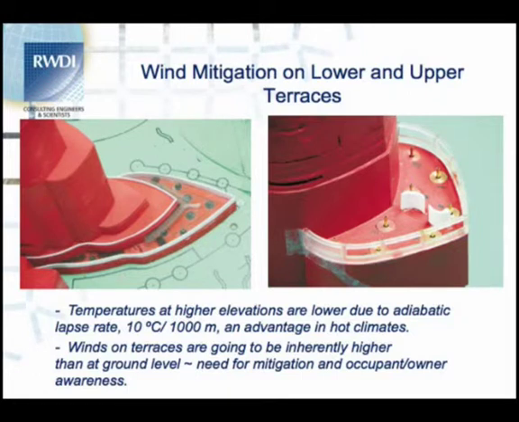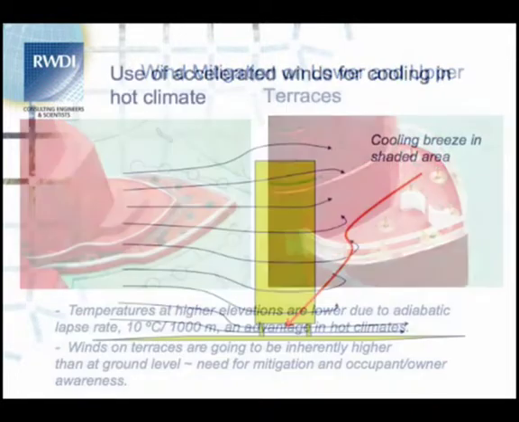These show some of them that were worked out for Burj Dubai to try and reduce wind speeds up on these upper terraces and also down on the lower terraces to make them more usable. But these terraces can be made into pleasant outdoor spaces, so there are opportunities there with tall buildings for getting nice outdoor spaces at elevation.